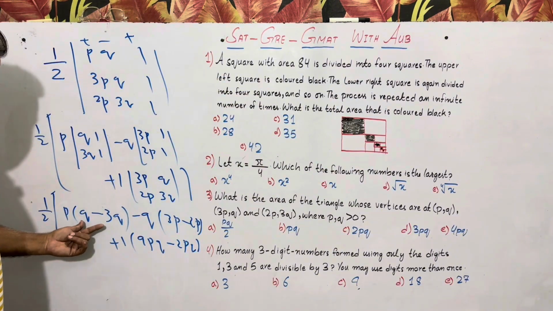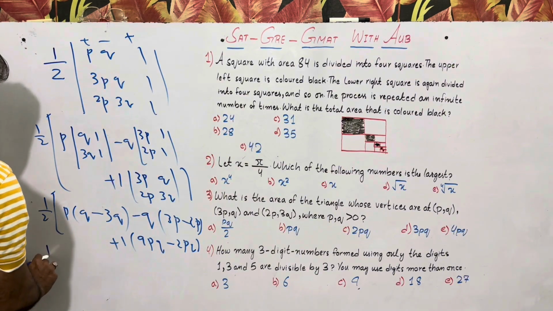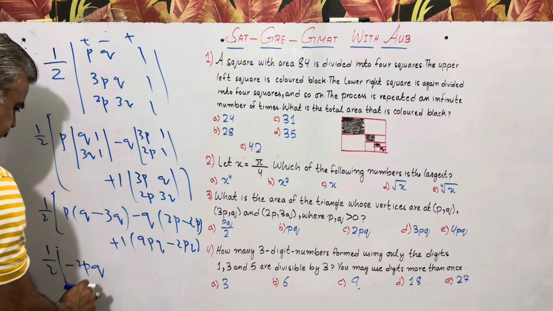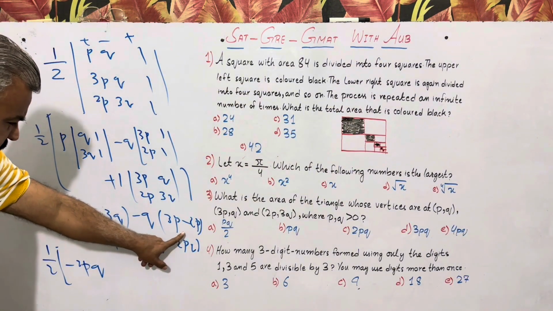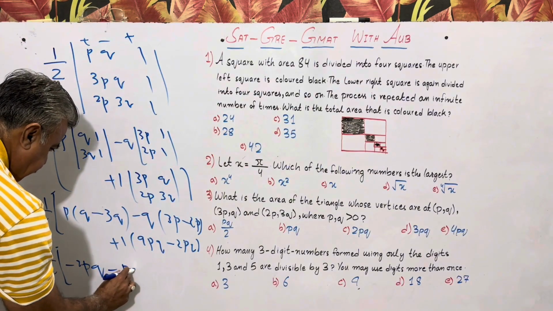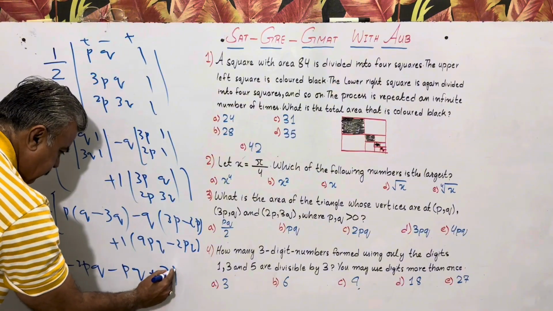Simplifying, positive q minus 2q, positive q minus 3q. We have negative 2q multiplying with the p, it becomes negative 2pq. And in this one only p is left, 3p minus p times q, it's negative pq. 9pq minus 2pq, that's our 7pq.